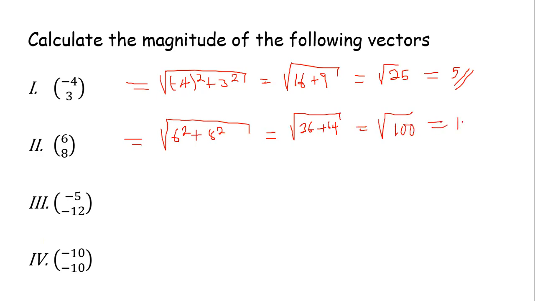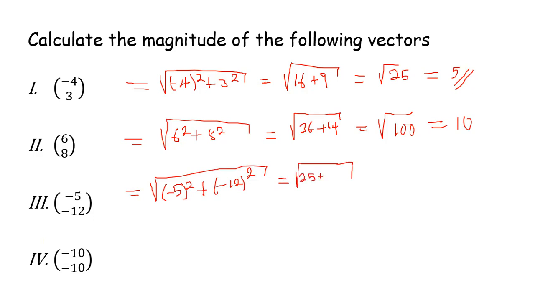That gives us 10. For (-5, 12), we shall have -5 squared plus 12 squared, which gives us root of 25 plus 144.